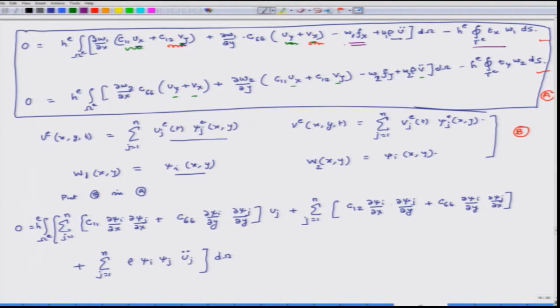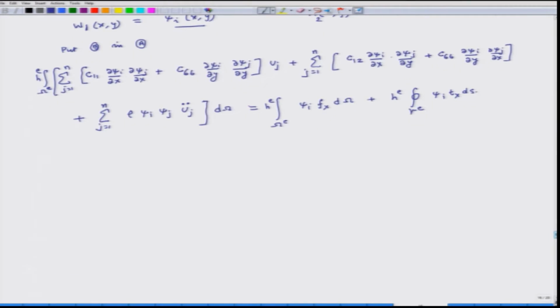So, I will move my W1 fx to the right side, integral over the domain Omega e, W1 fx becomes psi I fx d omega plus, because now I am shifting it to the other side, I will remove this 0, so the other term becomes integral over the boundary of W1 replaced by psi I times Tx times ds.